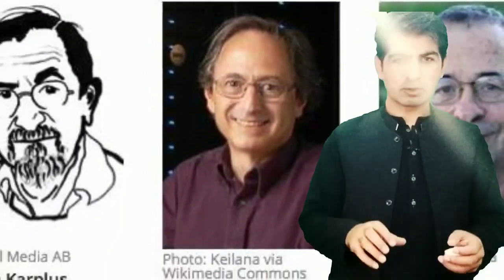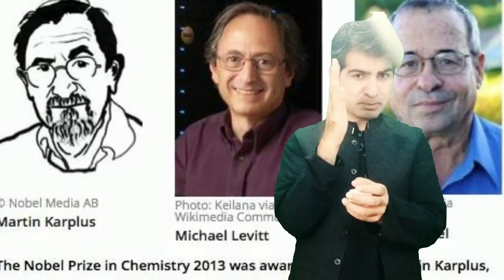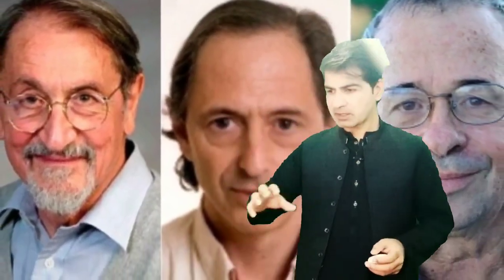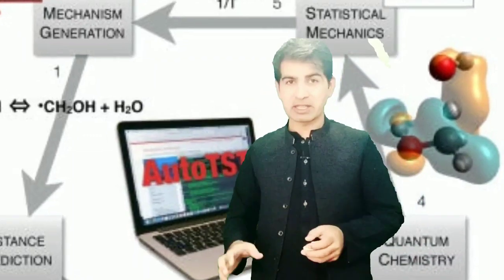They showed the world that computer models mirroring real life have become crucial for most of chemistry today. They have done so much advanced work via computer that it mirrors real life.